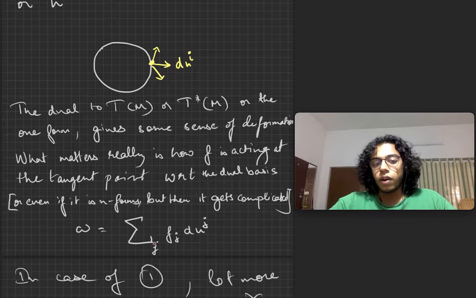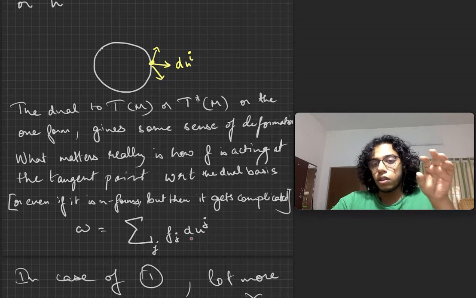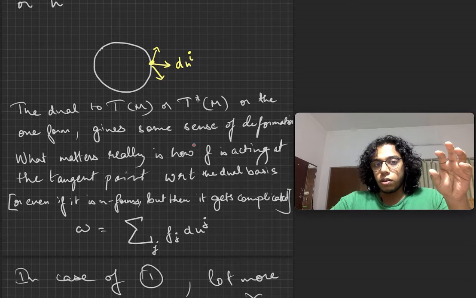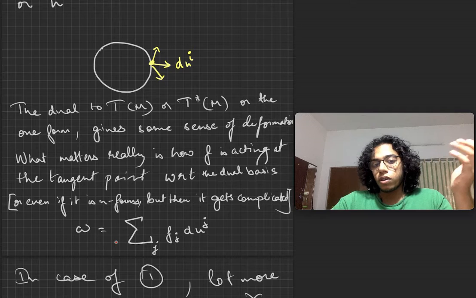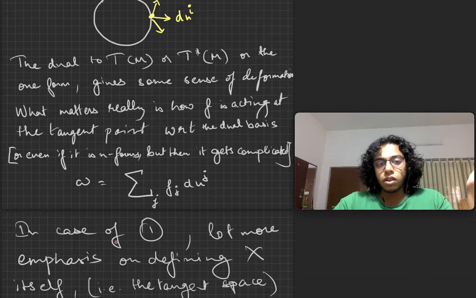So you have a summation over j of f j d u j, right? So you have the dual of the function acting on each of the differentials of the coordinate basis. So this is what a one form is.